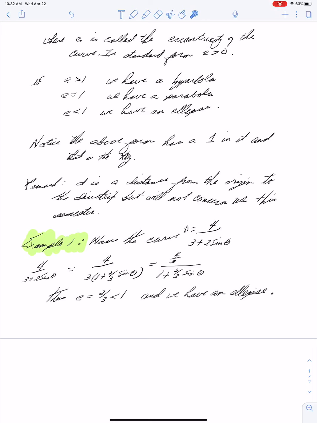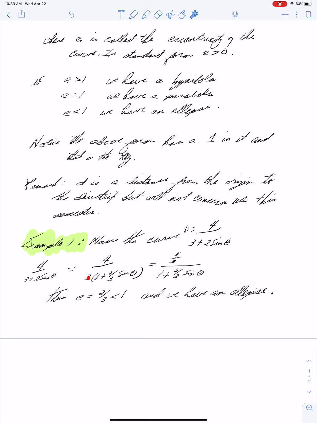I recognize it as being able to put it in standard form. What's a standard form? I need to get rid of this 3. How do I get rid of the 3? Well, I go down here and I factor the 3 out. But if I factor it out of here, I also have to factor it out of there, so I get 3 times what? 1 plus 2/3 sine theta.